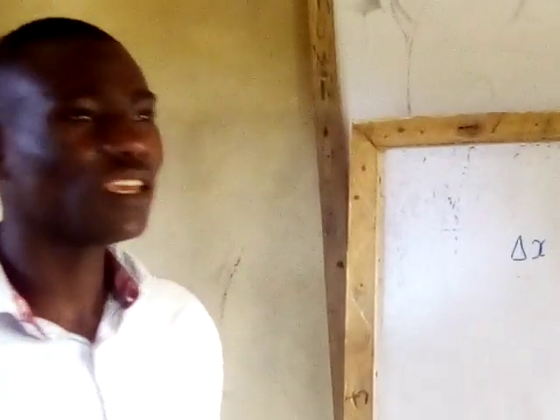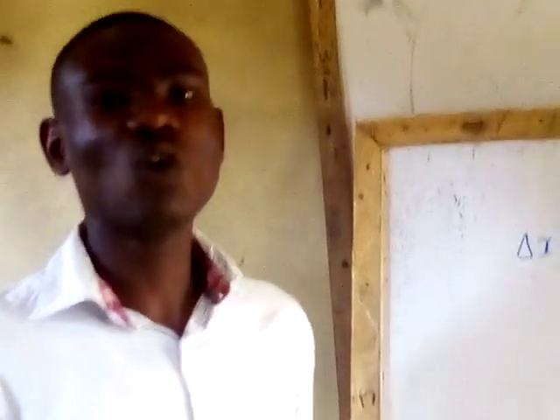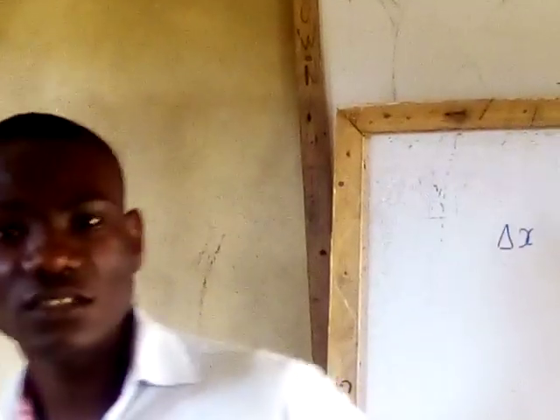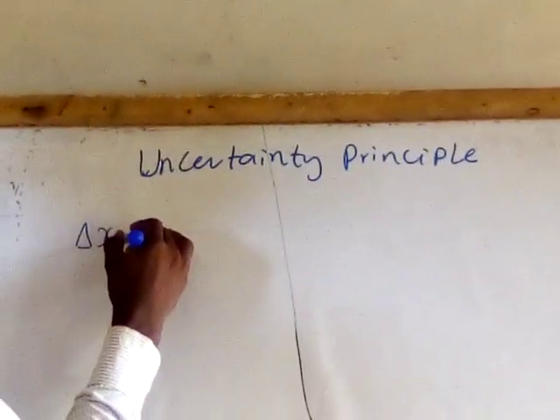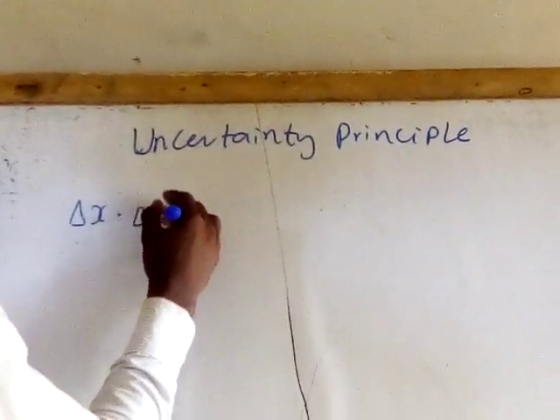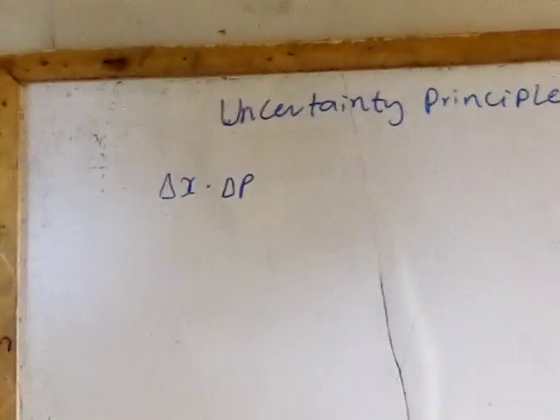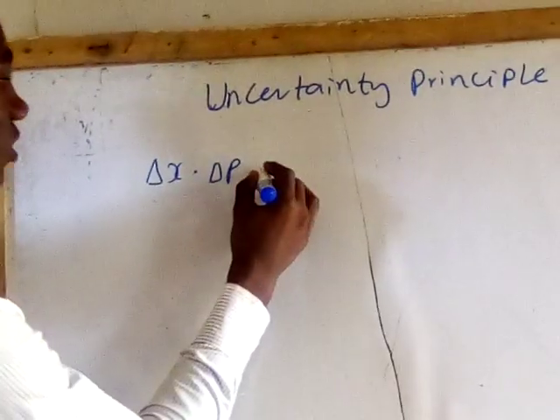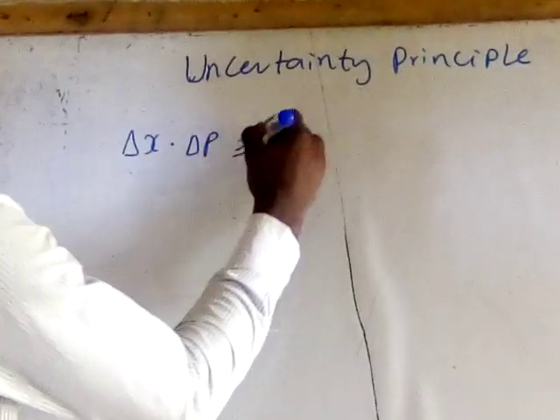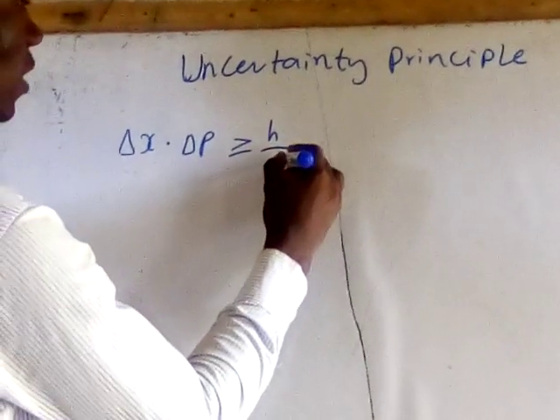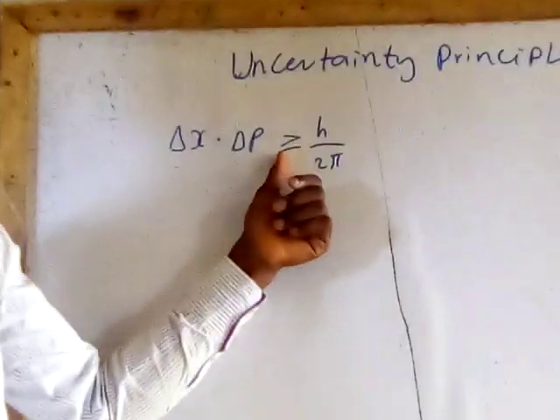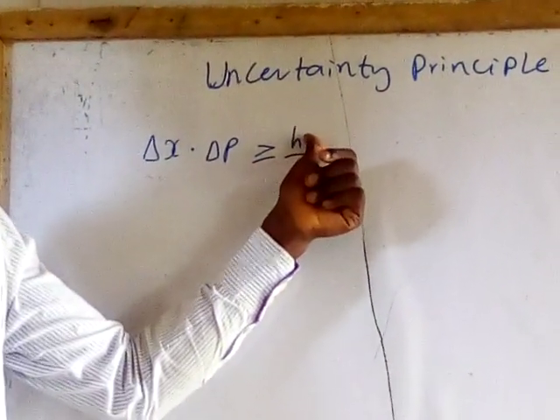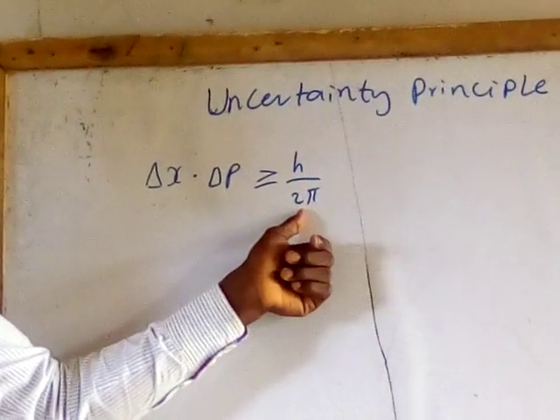And also, if we have a change in momentum of that particle, still along the x coordinate, we multiply by the change in momentum. So this is going to be greater than or equal to h over 2 pi.